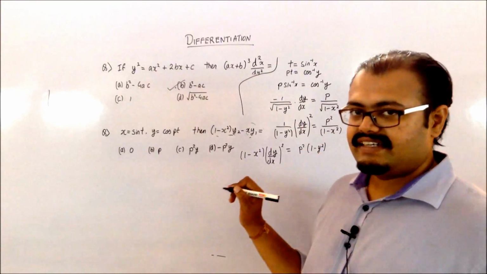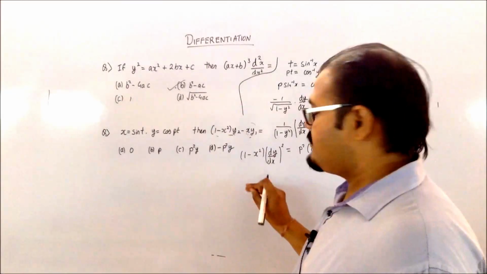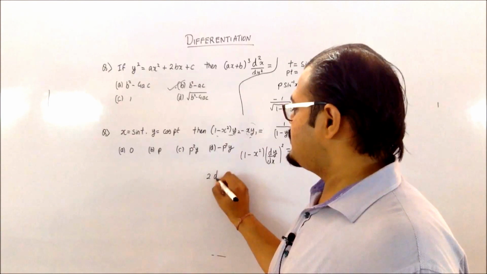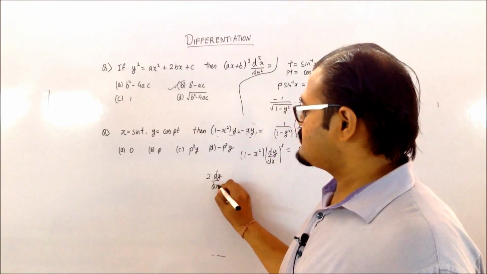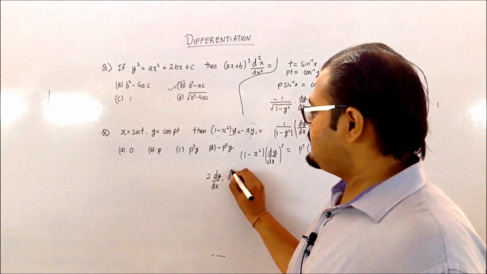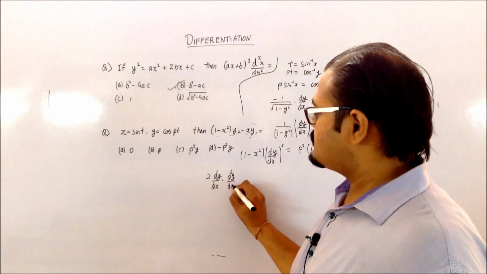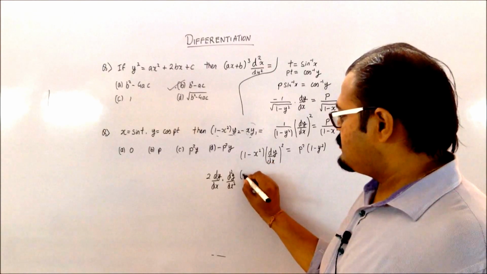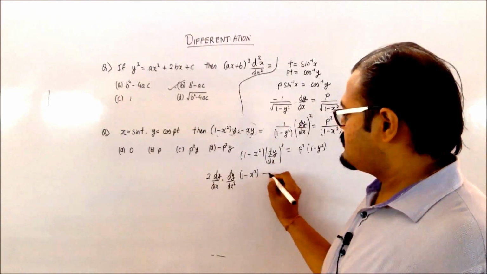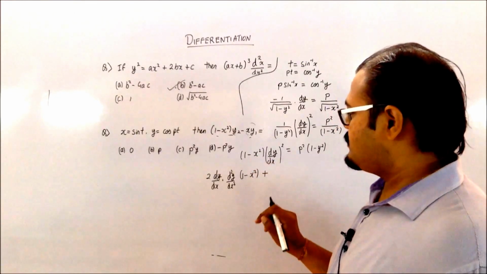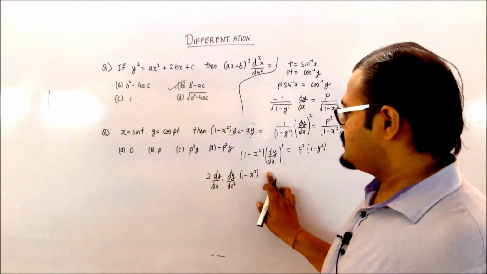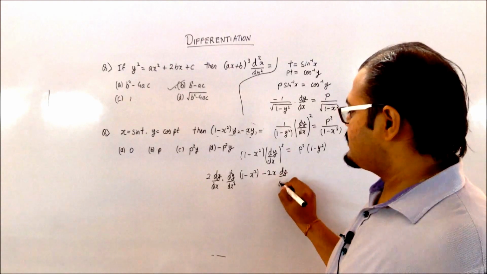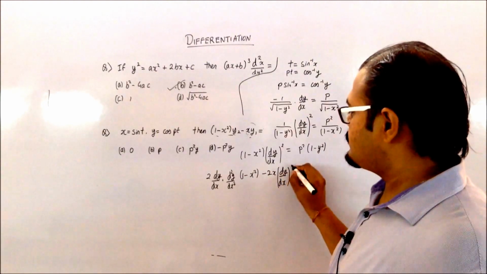Now taking the derivative again with respect to x. If I take the derivative of this particular term, it will be 2 into dy by dx into d square y by dx square into 1 minus x square, plus the derivative of this term, which is minus 2x, so minus 2x into dy by dx the whole square.